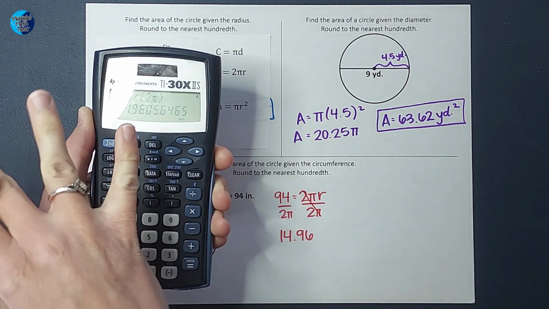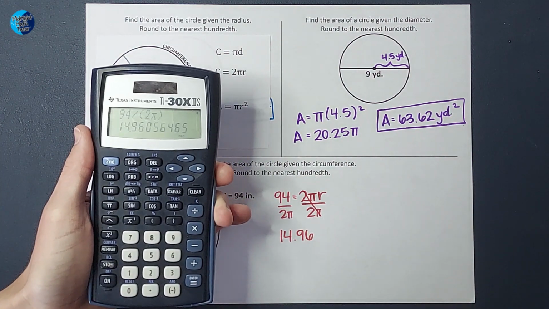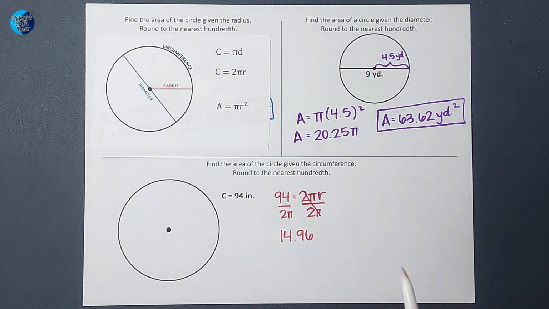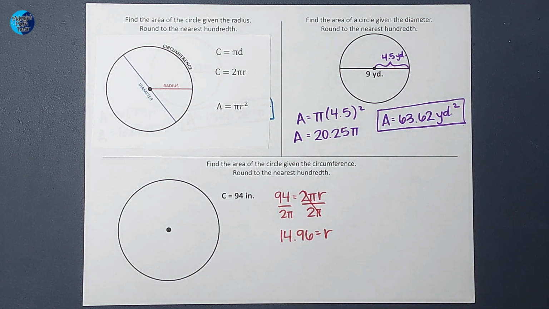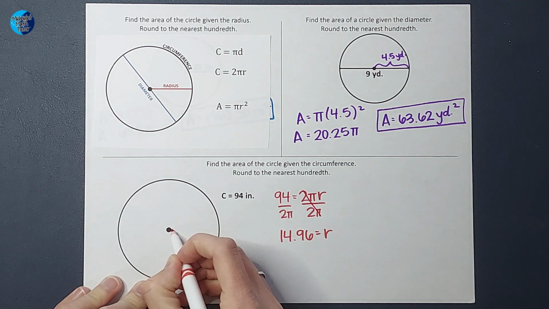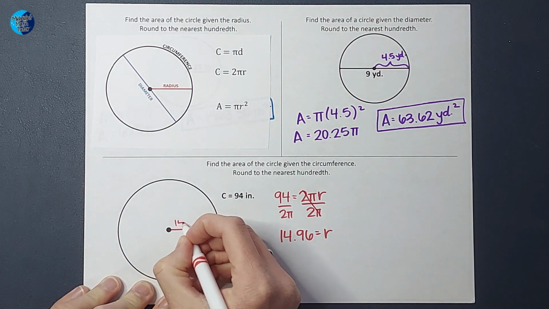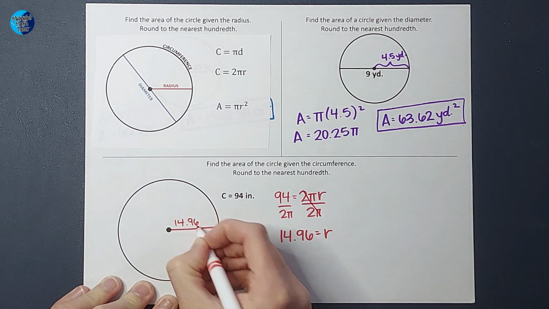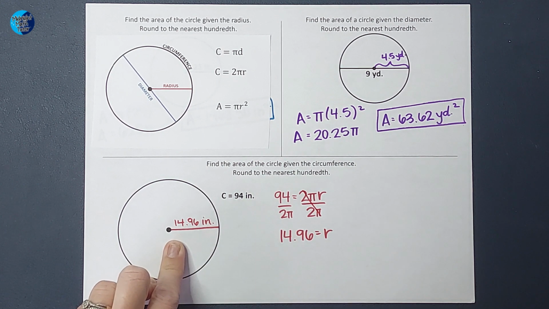We have to round somewhere. It keeps going. Because this asks for the nearest hundredth, I'm going to do it there as well. But remember, this is not my area. This is my radius, okay? So that means from the center of my circle to the outer edge, this is 14.96 inches. We were able to find that because we had the circumference, okay?